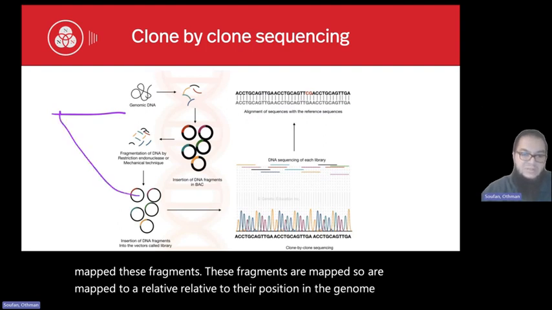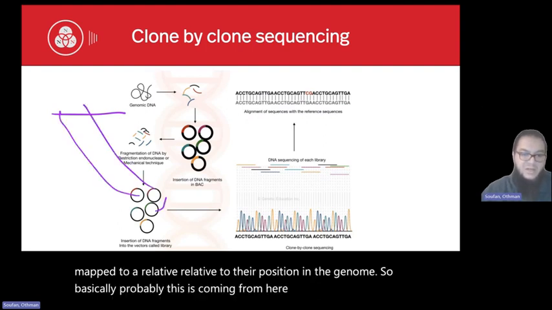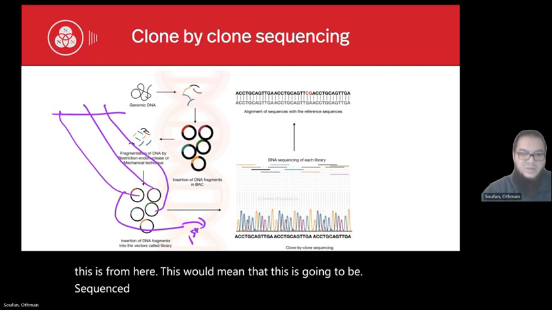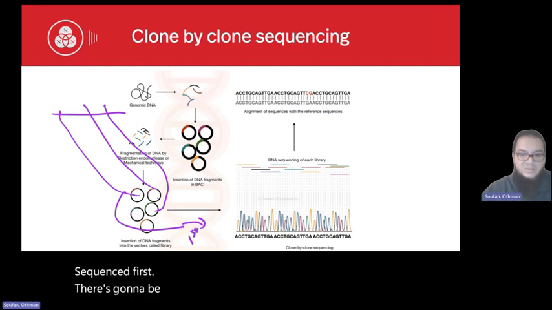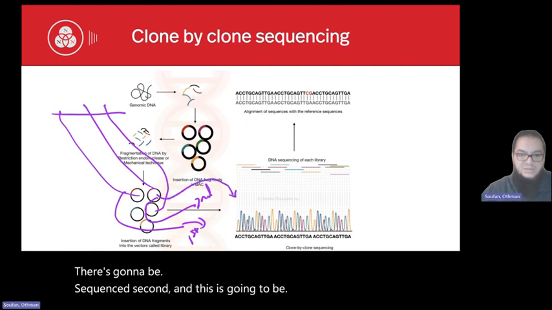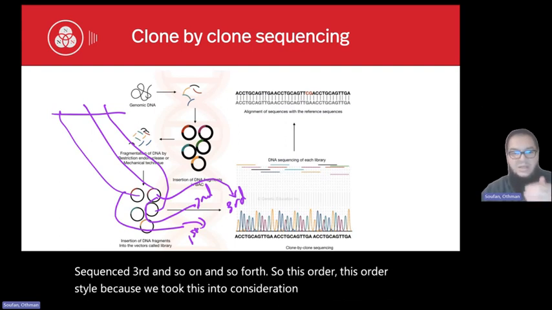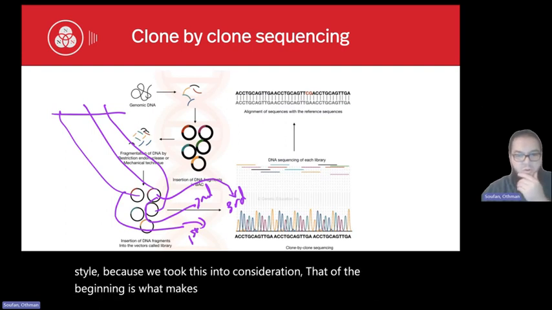So probably this is coming from here, this is from here, and this is from here. This would mean that this is going to be sequenced first, this second, and this third, and so on. This order, because we took it into consideration at the beginning, is what makes it called clone by clone sequencing.